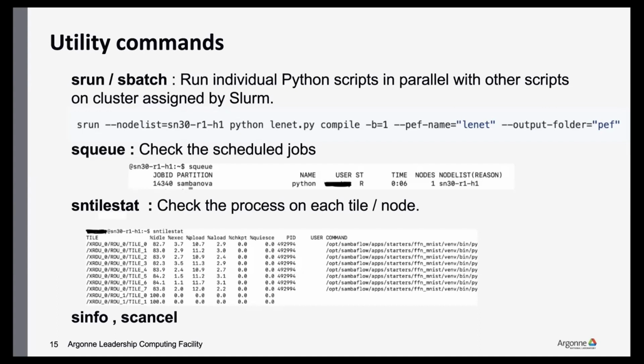Another important Slurm utility command is squeue, which helps you check all the jobs that are currently scheduled on the system. As you can see, this is a snapshot of how it looks with one typical user using the system, and it's using the node SN30 R1 H1.